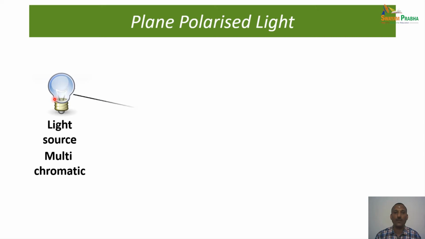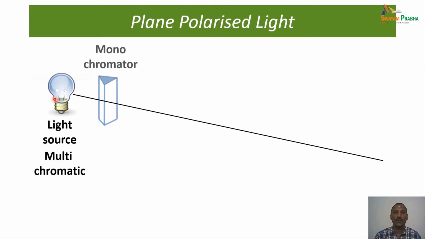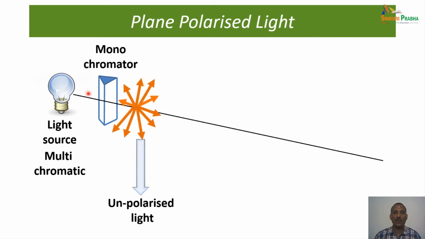When this light passes through a monochromator, what we have is a polychromatic light, that means it has various wavelengths, and when a monochromator is kept in the path of the light, it filters out the other wavelengths and only gives out monochromatic light.